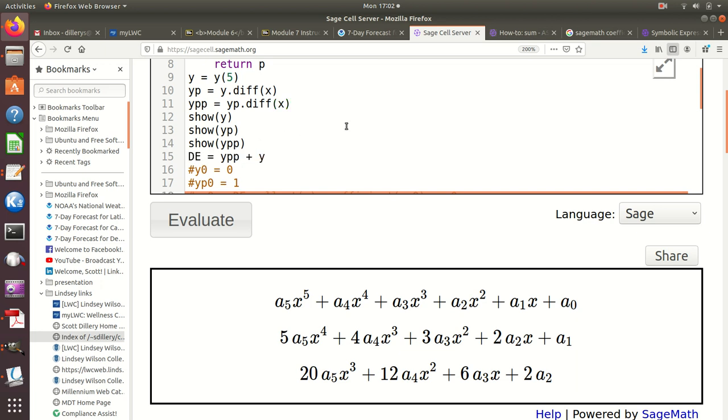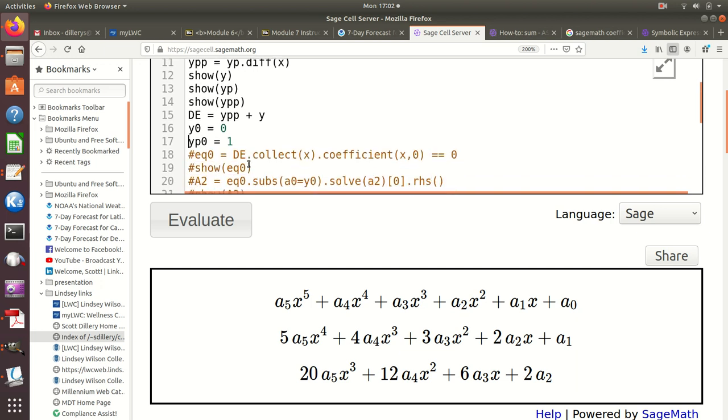Then I define my differential equation, and remember we had y double prime plus y. So here I take my ypp, y double prime, plus y as my differential equation, and my initial conditions: y of 0 was 0 and y prime of 0 was 1. So I put those in, and then I create my equation 0, but notice I'm not taking a derivative here.